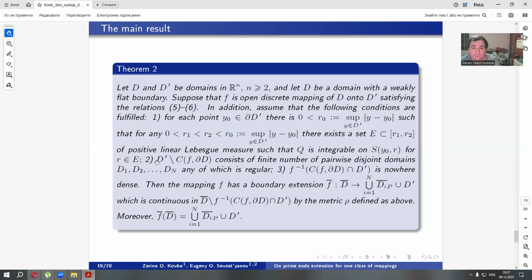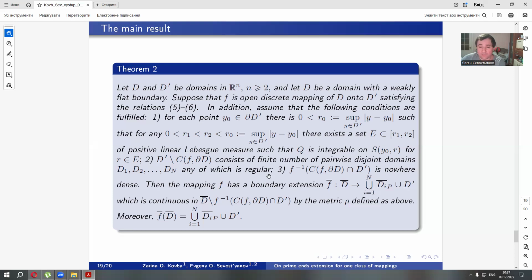Secondly, D prime without C(f, ∂D) consists of a finite number of pairwise disjoint domains D1, D2, ..., Dn, any of which is regular.